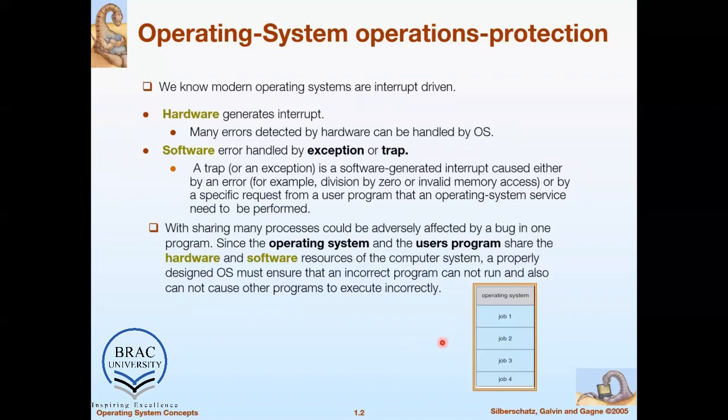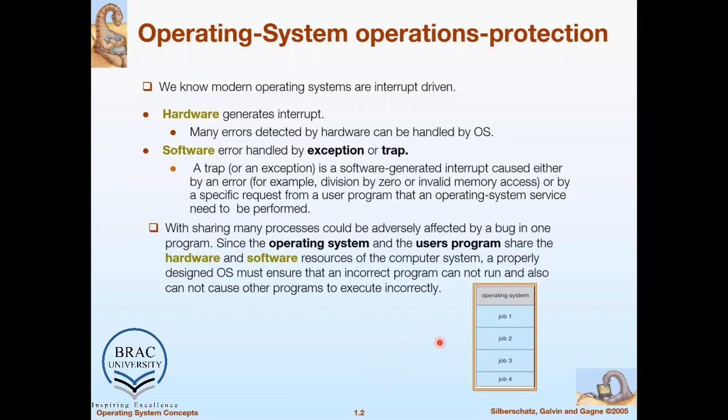For example, if a process gets stuck in an infinite loop, this loop could prevent the correct operation of many other processes. More subtle errors can occur in a multiprogramming system, where one incorrect program might modify another program or even the operating system itself.